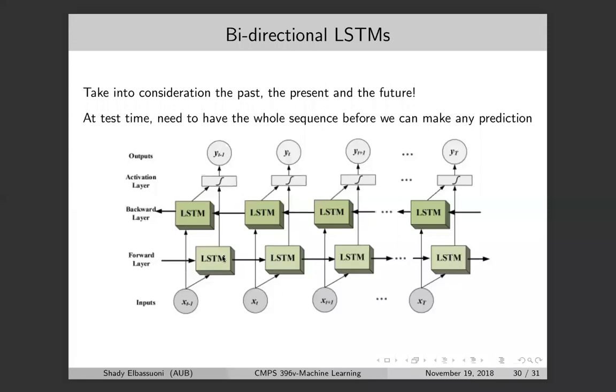This takes care of the input in the forward direction, so I'm getting dependencies in the forward direction. Whatever is in the previous time step affects the output in the current time step. Then you have a backward layer, which takes into consideration dependencies in the opposite direction.